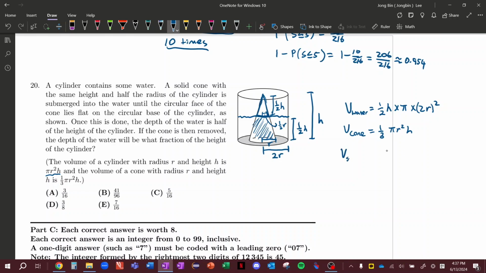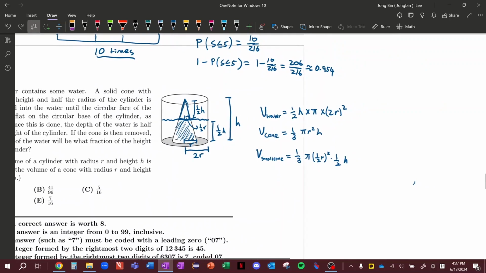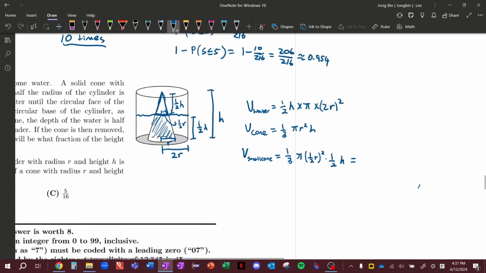So the volume of the small cone is equal to 1 over 3 pi, times the radius 1 over 2 r squared, multiplied by 1 over 2 h. That gives us pi r squared h over 24. So the volume of the shaded area would be 1 over 3 pi r squared h minus pi r squared h over 24.